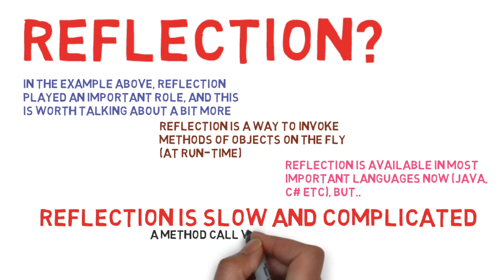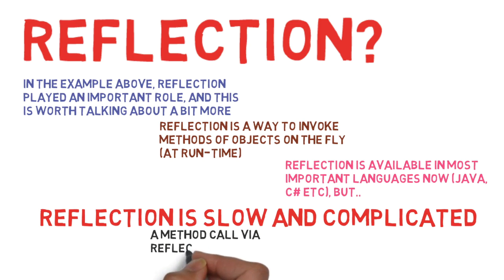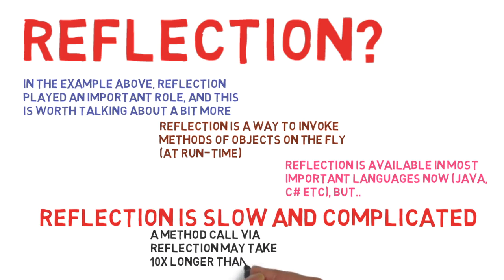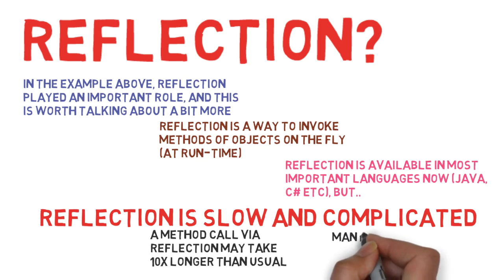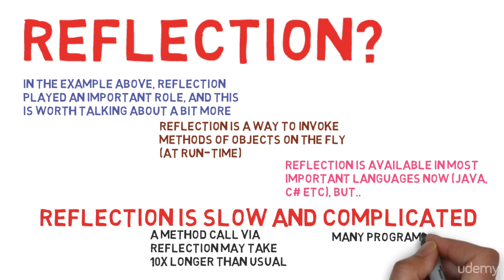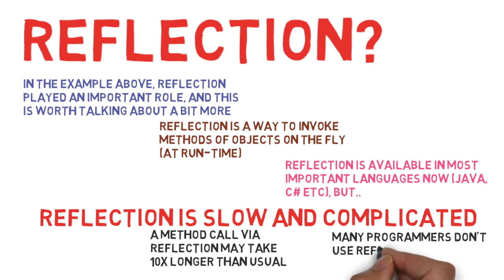And if it's on a critical path, this means that you've slowed down the most important and the most used path in your program. This can be a very big deal if a user is waiting on information which passes through this critical path, which you've just slowed down because of reflection. So typically, many programmers do not like reflection and don't use it a lot.